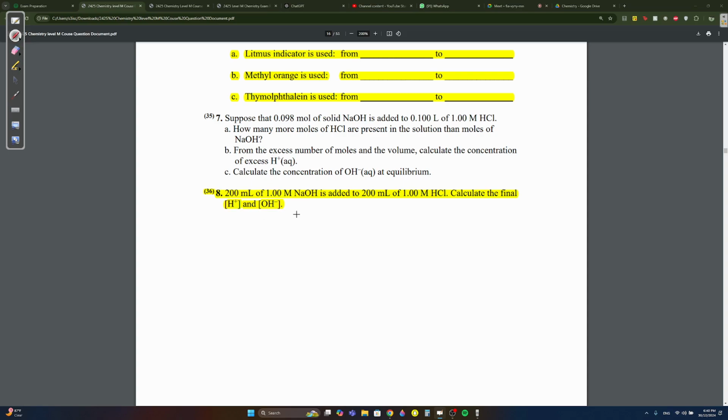You have to show them the moles of H plus and the moles of OH minus. If the moles of H plus is equal to the moles of OH minus, then there's no excess. That means the solution is neutral.